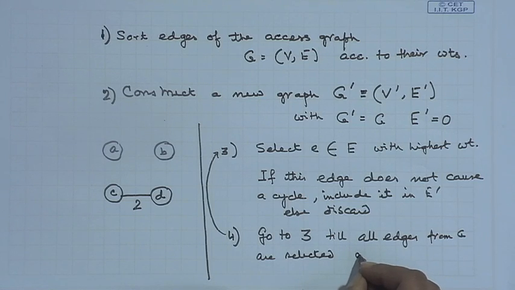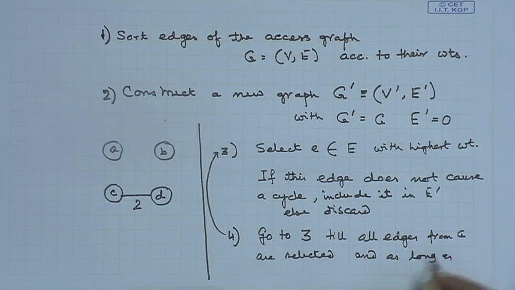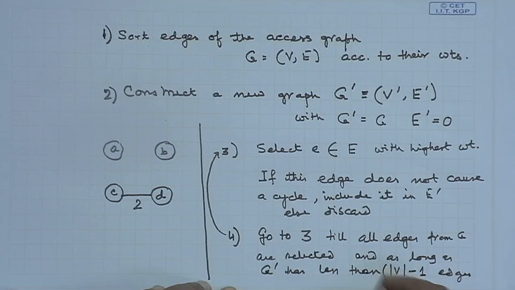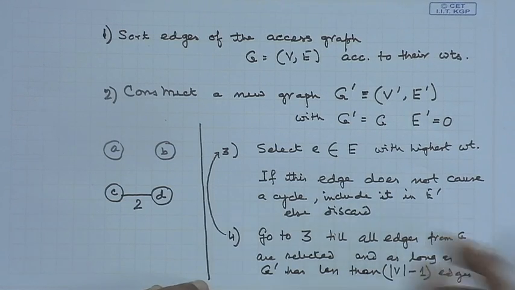And this continues as long as G prime has fewer than the required number of edges, as long as it is not covered.